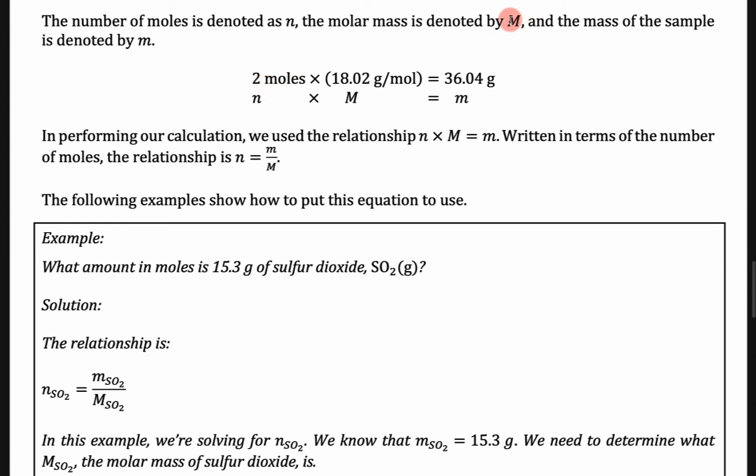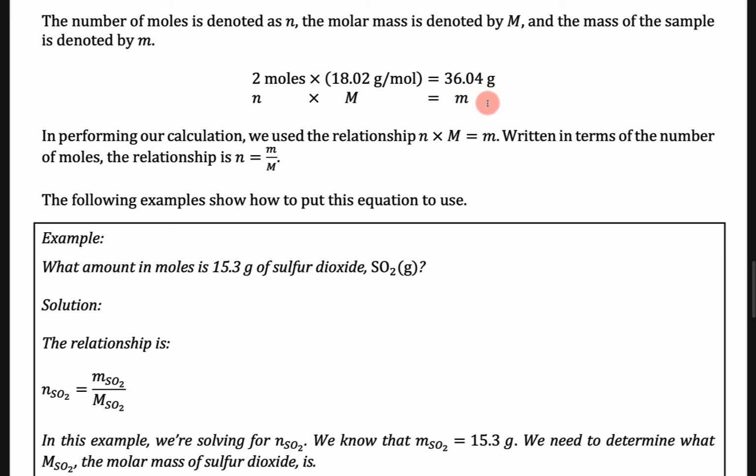Molar mass is denoted by a capital M. And so in this example, the molar mass is 18.02 grams per mole. So that's our capital M. And then the mass of the sample is denoted by a lowercase m. So in this example, the mass of our sample was 36.04 grams, so that would be our lowercase m.